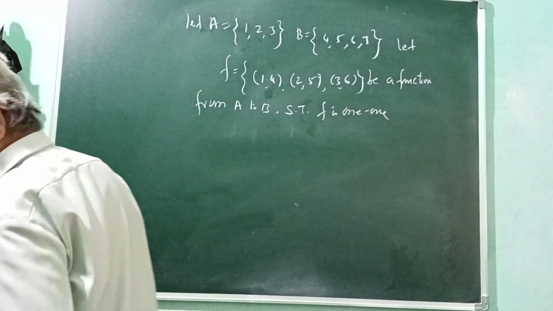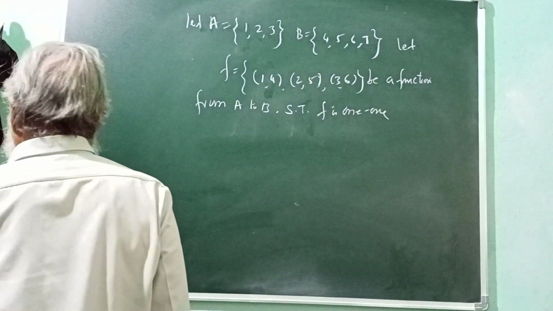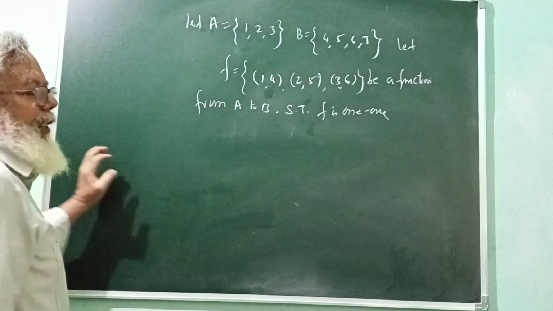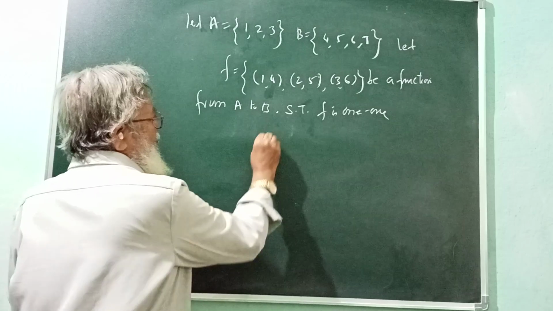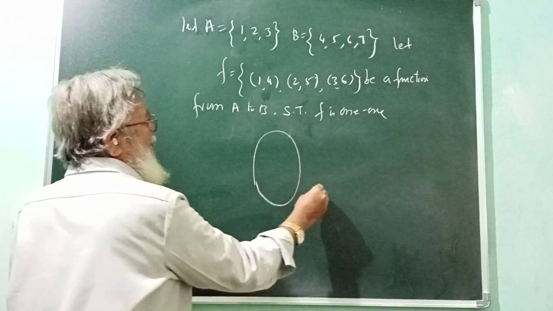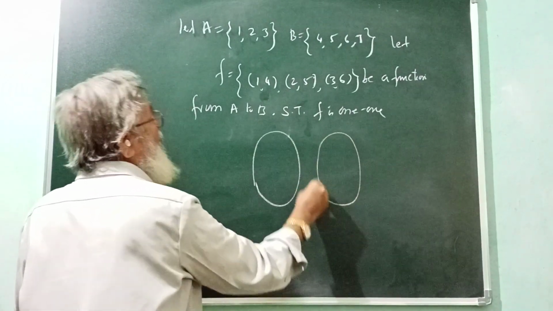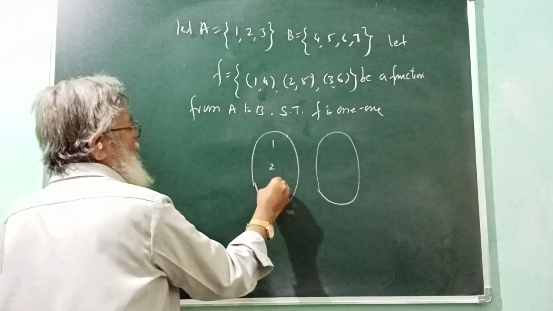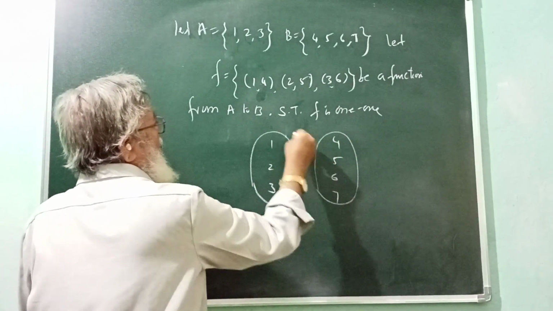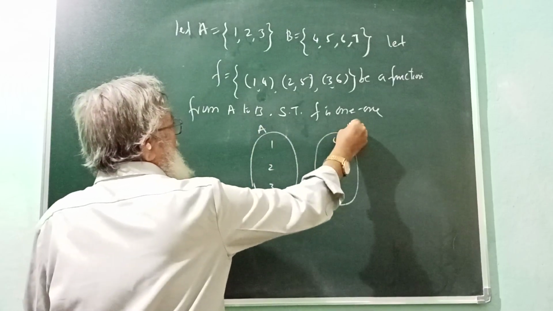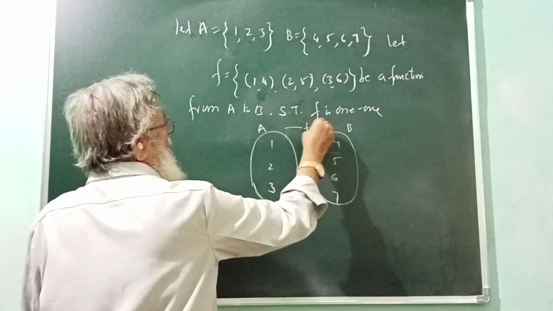Now, look here, for this type of problem, it is better to draw the arrow diagram. So here, this is set A and this is set B: 1, 2, 3 in set A, and 4, 5, 6, 7 in set B, and this correspondence is f.